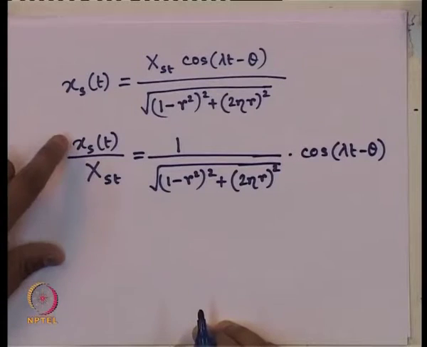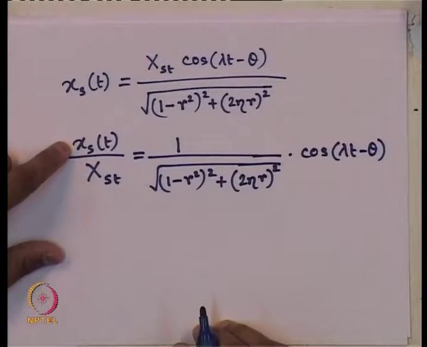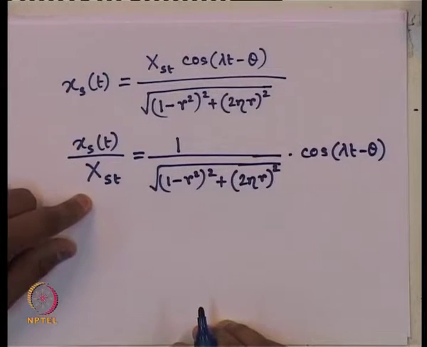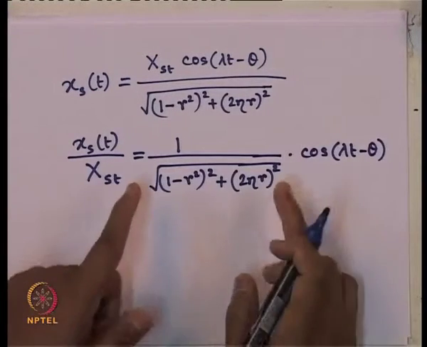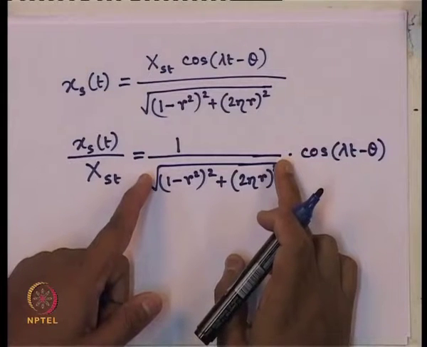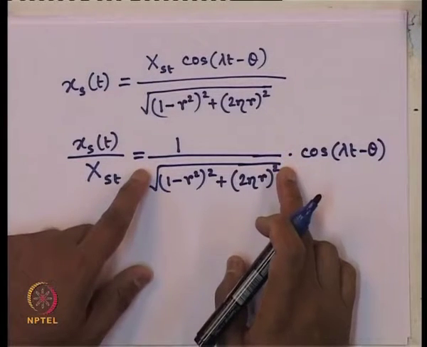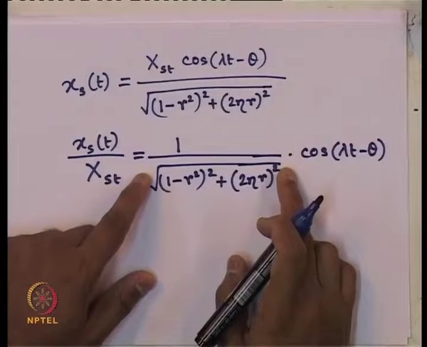What it shows us? The ratio of the steady state displacement to the static displacement is a harmonic function with amplitude, or the maximum value of this, coming out to be this value.